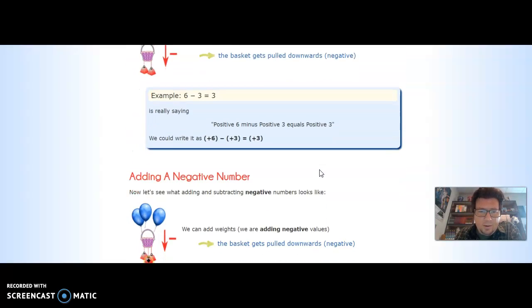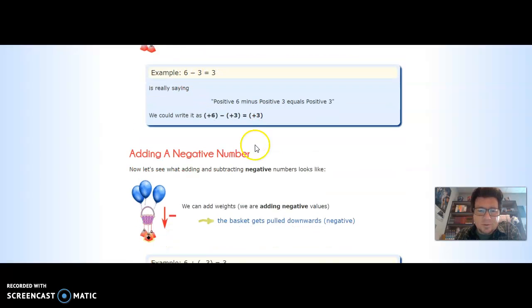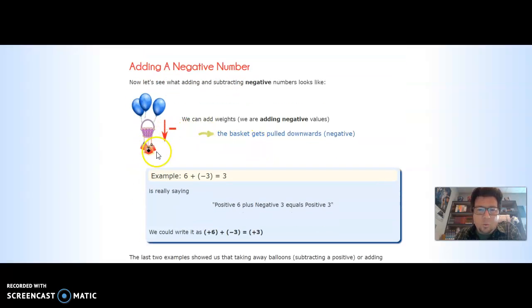Now let's talk about adding negative numbers. We had 6 minus 3 equals 3. Let's say you add a weight. So you've got 6 total, and 3 would be the negative.